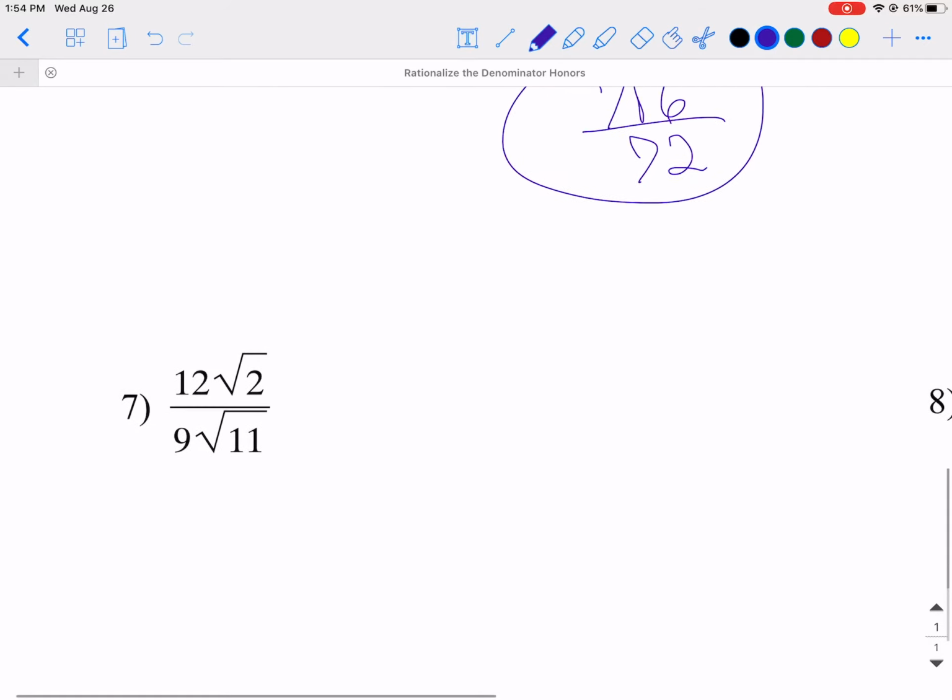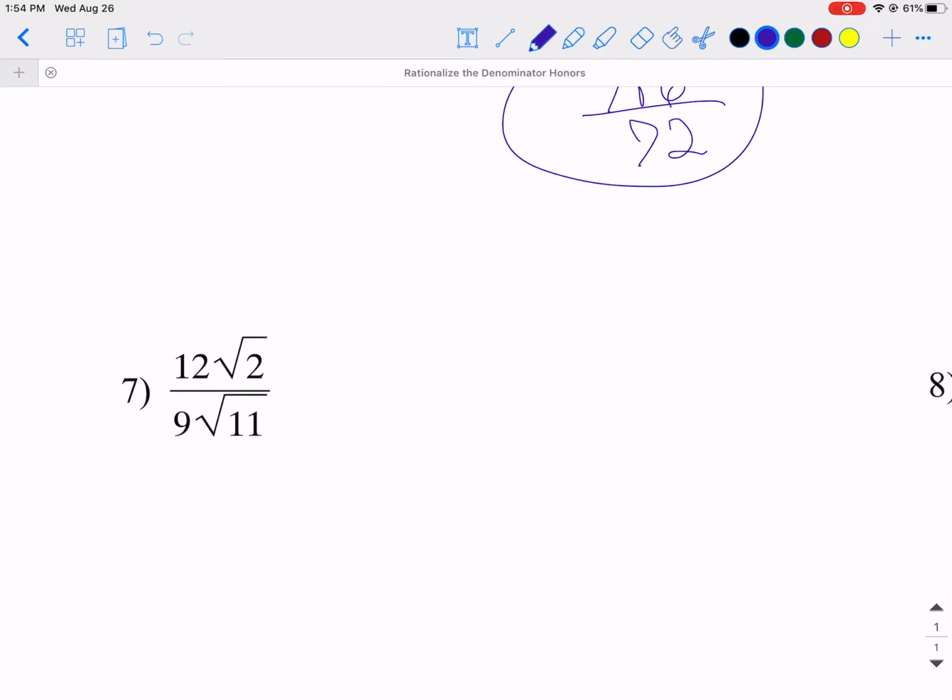And one more. All right, on number 7, I cannot simplify first. I can't simplify the 2 and the 11, so I'm going to have to go ahead and just start working that out. I need to rationalize the denominator. I need to get that radical 7 out of the denominator. To do that, you take that radical 7 and put it over itself, called rationalize the denominator.